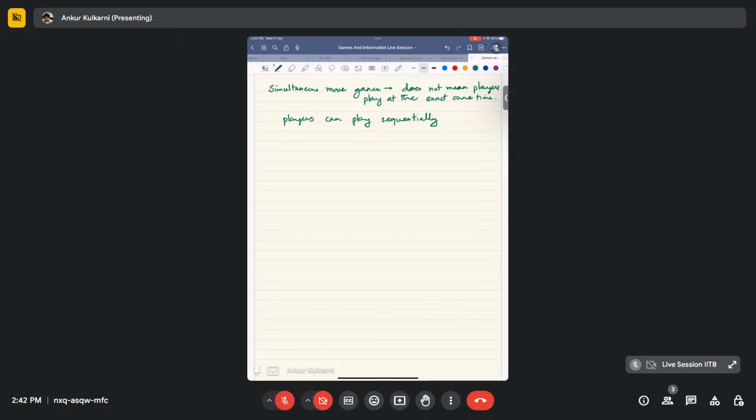What makes a game simultaneous is not the order of play, but rather what players know when they play. The game is a simultaneous move game if the players do not have the information of the actions of the other player while choosing their own.